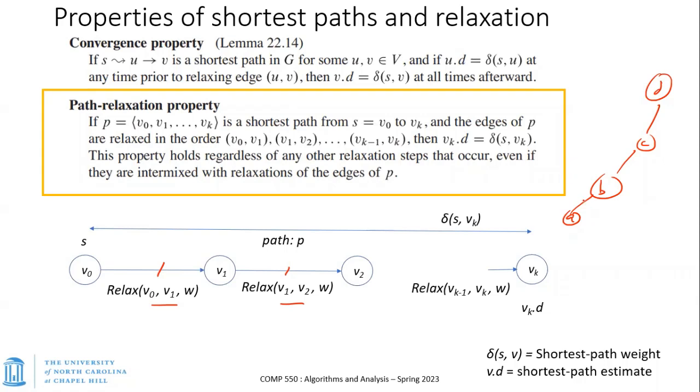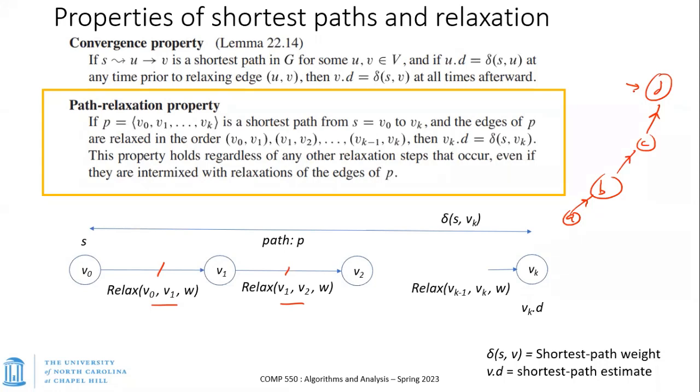If these are relaxed in this particular order, then the estimate at the final destination after the relaxation process is guaranteed to be the shortest path weight.